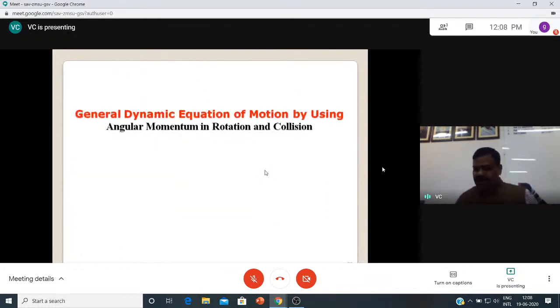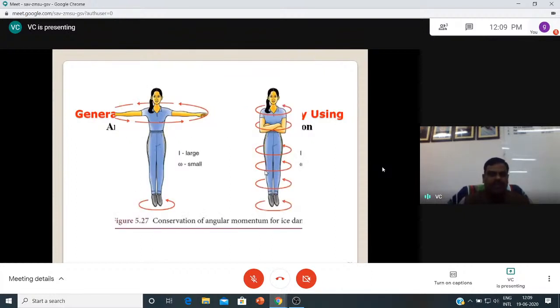Now let us consider the dynamic equation of motion using angular momentum, rotation, and collision of bodies. These are the angular momentum and collision cases where we come across different applications and work-energy principles. This is when you are rotating a body in two conditions, like in the morning gym or aerobics.